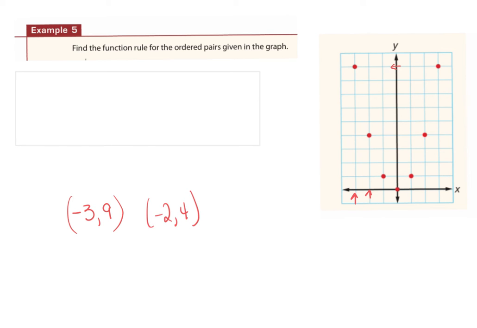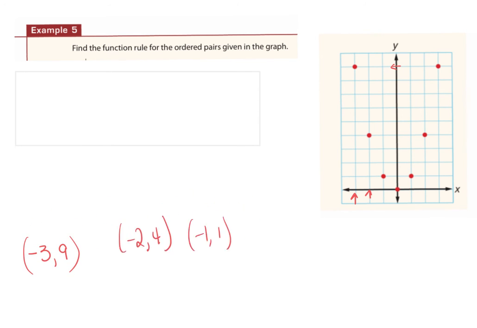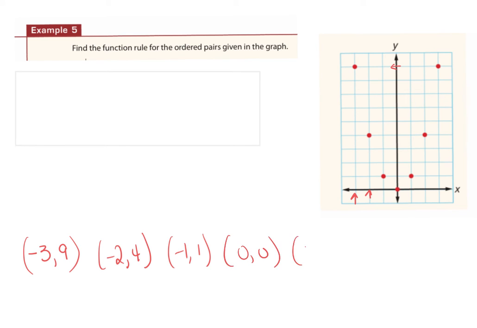I'm just writing down my points, -1 and 1. I'm going to move these down some so I don't run out of room. 0 and 0, 1 and 1, 2 and 4, 3 and 9. Do you see a pattern?